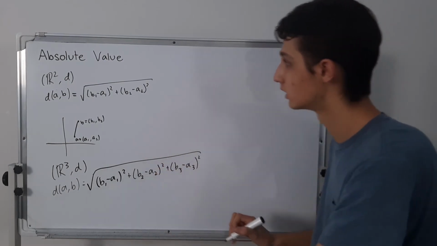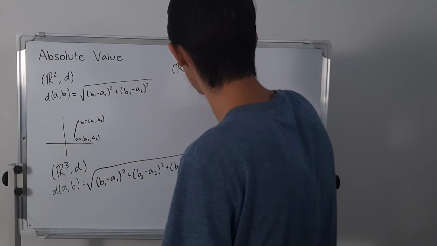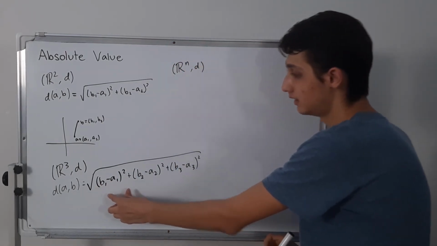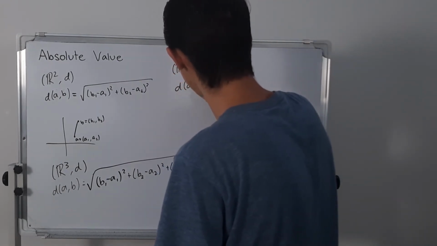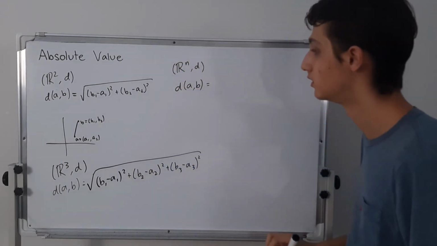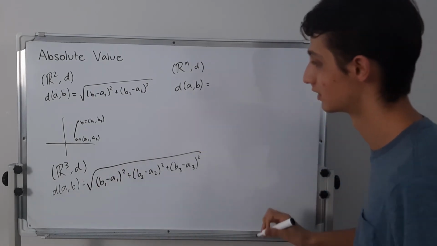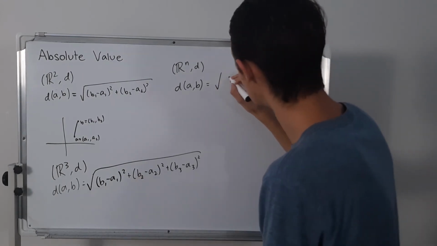So in general, if we're dealing with Euclidean n space, the distance formula is actually very easy. The distance between 2 points A and B in n dimensions, so this could be 20 dimensions, a million dimensions, it really doesn't matter. We start off with the square root, and then we sum up a bunch of things.